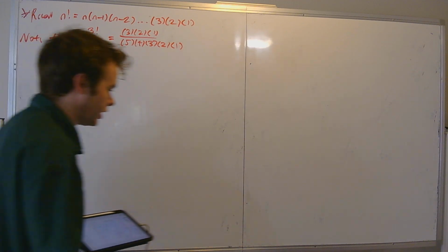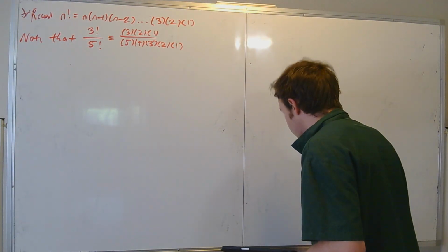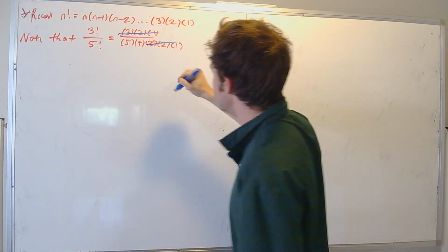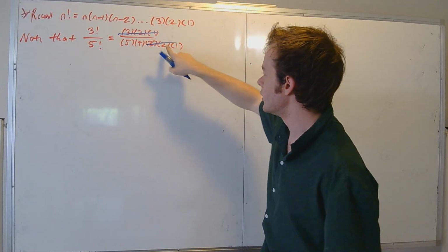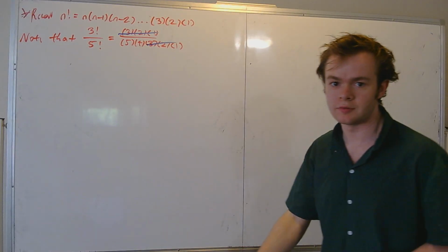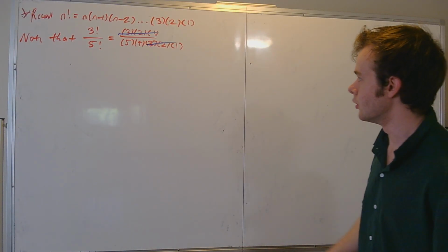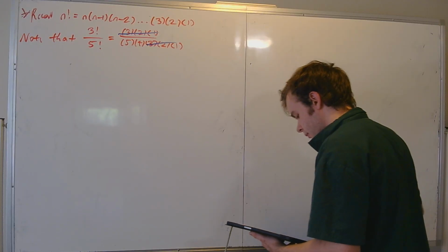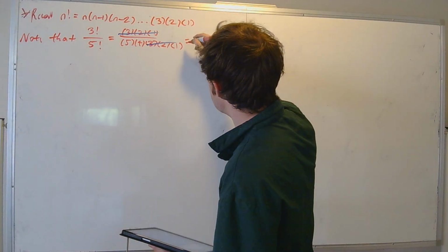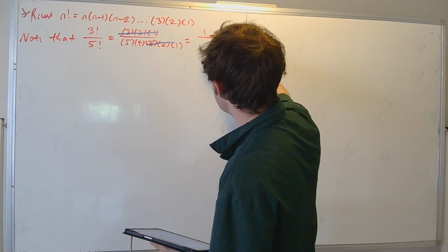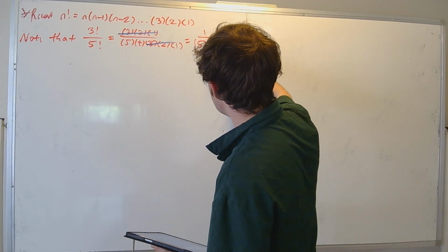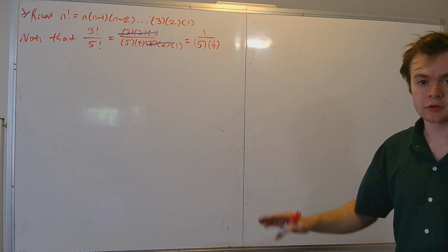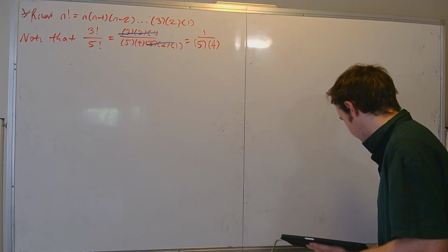And whenever we have this type of thing, we can just cancel this part and this part, because we divide the 3's, we divide the 2's, and, well, 1 divided by 1 is, of course, 1. So whenever we cancel those things, we're going to get 1 over 5 times 4. Right. So we're going to actually use this in the next example.